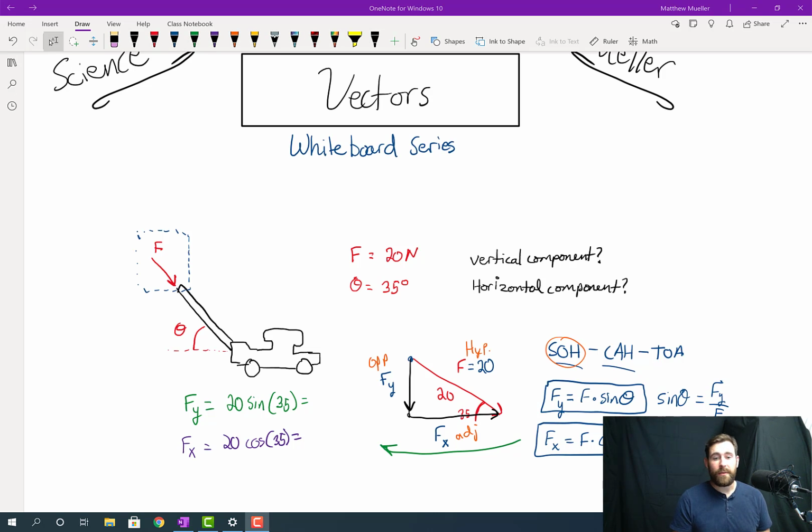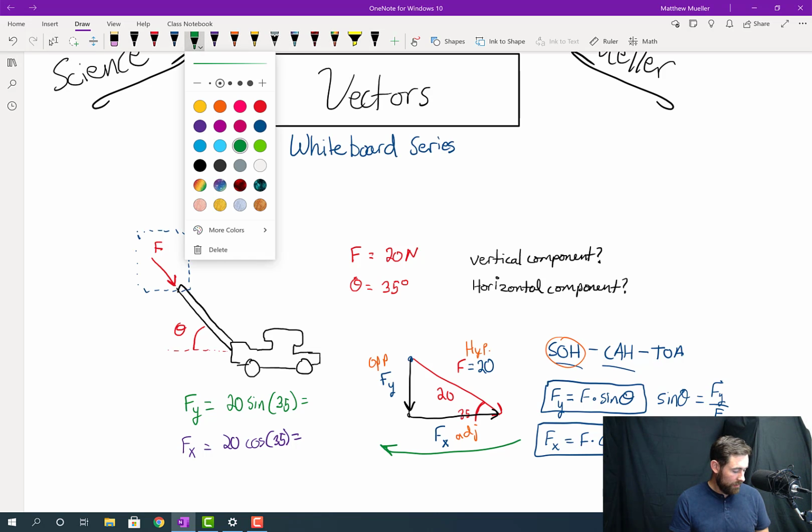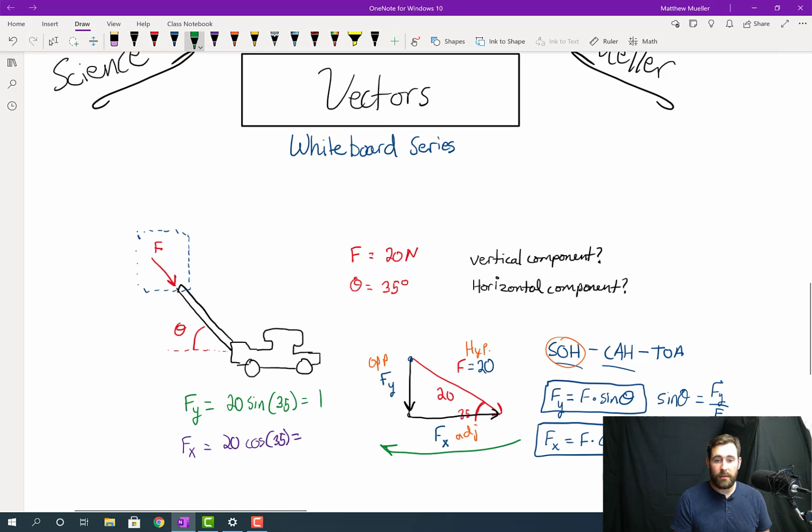After some quick math, we can see that f sub y is approximately 11.472, and our f sub x is going to be 16.383. And there we found our horizontal and vertical components for this particular force vector. Let's go to our next example.